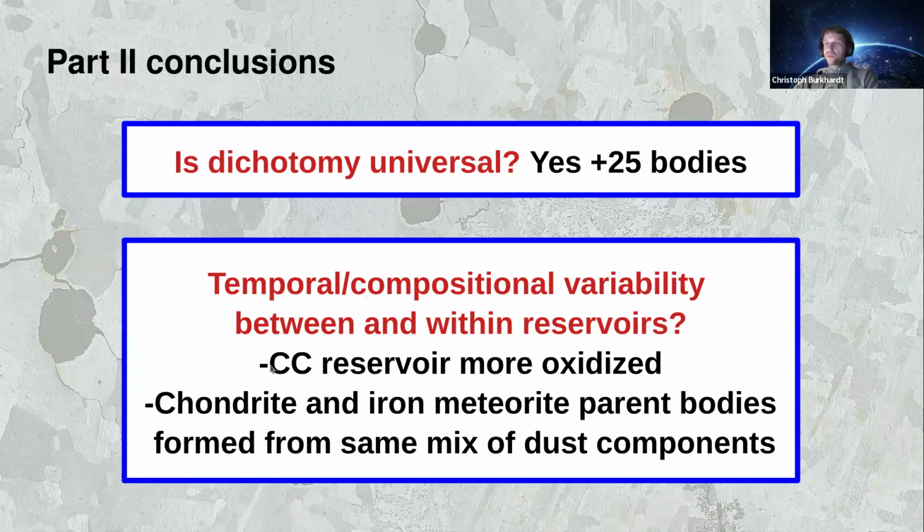Then we have now more statistical power and think that really there's evidence that the CC reservoir seems to be more oxidized, so that fits to being formed further out where there's water ice. And chondrite and iron meteorite parent bodies seem to have formed from the same mix of dust components in the disk. Yeah, so we can explain everything with chondrules, CIs, AOAs, and matrix. And I think this is significant.